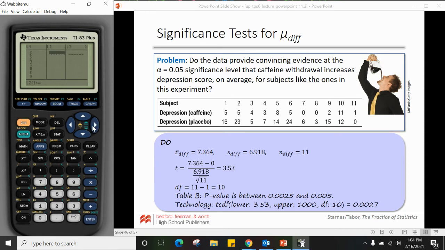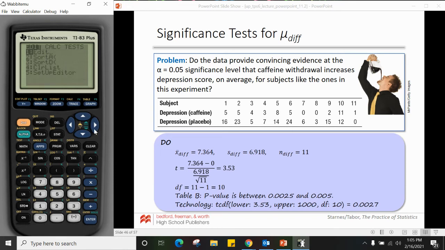I have caffeine in L1, and I'm going to do 16, 5, and 0. Then in my L3, I'm going to go up and press enter. I was doing placebo minus caffeine, so I want to do L2 minus L1. Enter. Now the differences are all inside here.